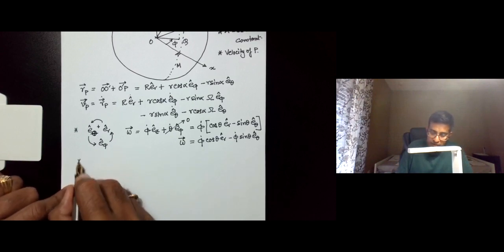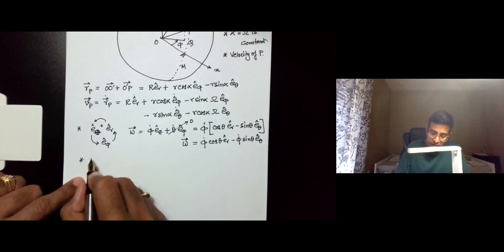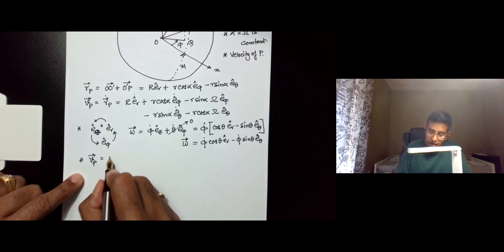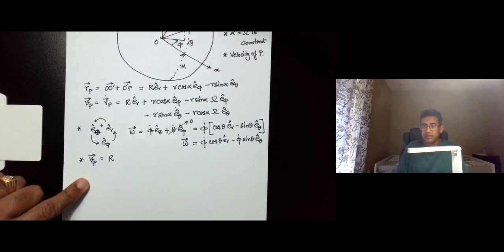Next, what we do is we continue with our velocity calculation, and we say that Vp is equal to then R, and ER dot is going to be omega cross ER. We have discussed this before, that the rate of change of a unit vector is equal to omega cross that unit vector.